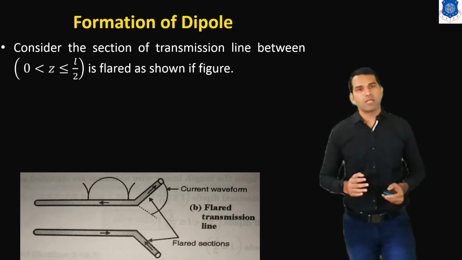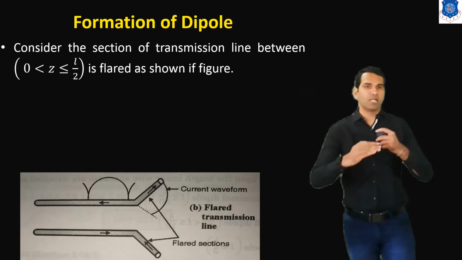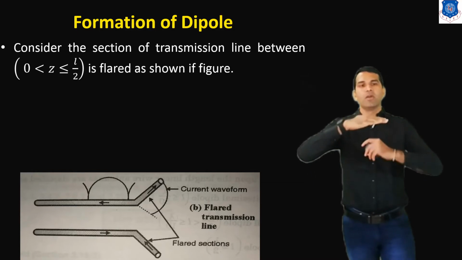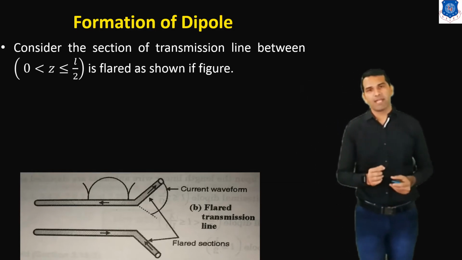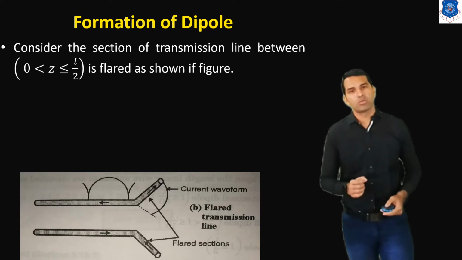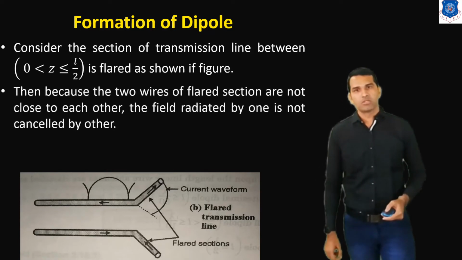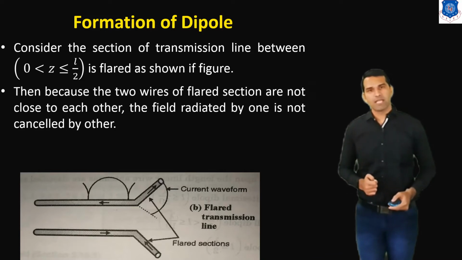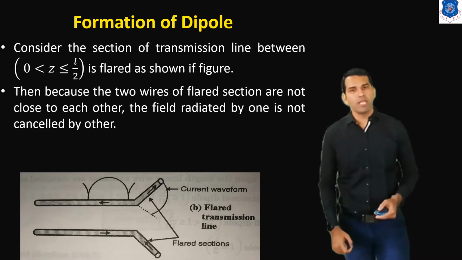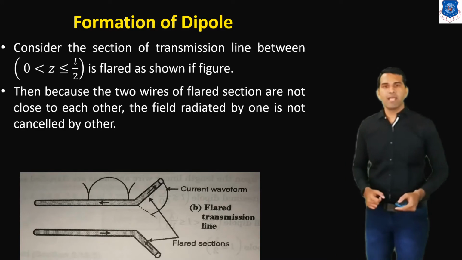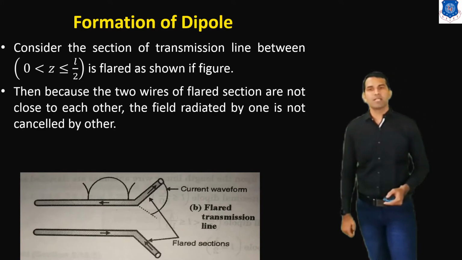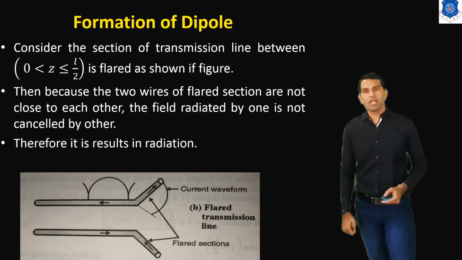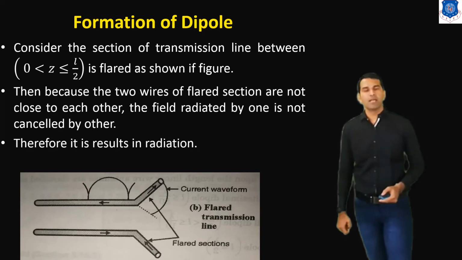In the last figure we considered a simple two transmission line parallel to each other. Now we have given the flaring at the end of the two transmission line. Because the two wires of the flared section are not close to each other, the field radiated by one is not cancelled by the other. Therefore it results in radiation.